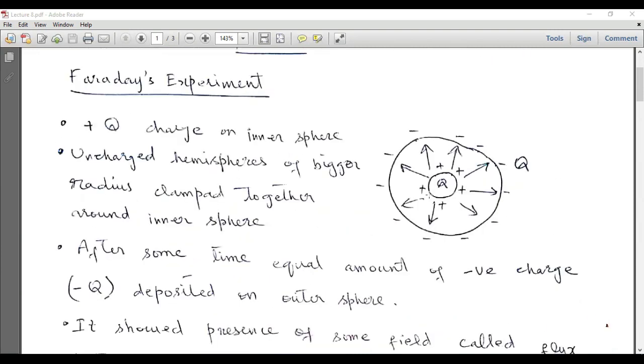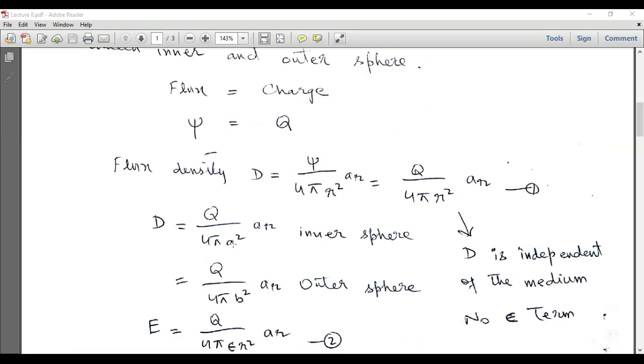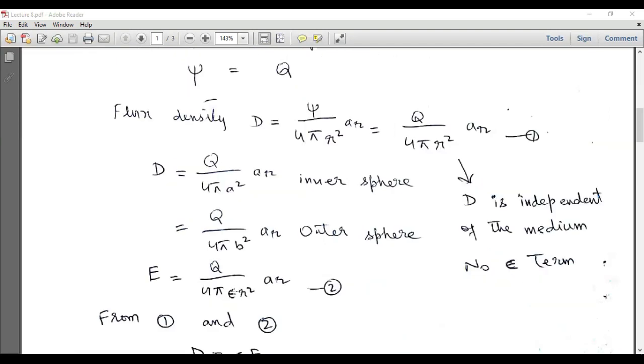So it means that if we have a plus q charge at the inner sphere, and whatever medium is present between these two spheres, after some time an equal amount of negative charge will eventually be induced at the outer surface. It means whatever the medium between them, the electric flux lines will be the same, and electric flux lines actually don't depend on the medium. So that's why we don't see any quantity or any symbol for the medium, right?